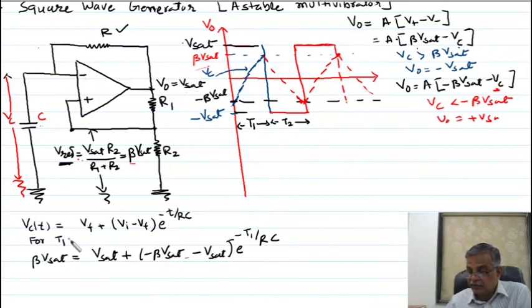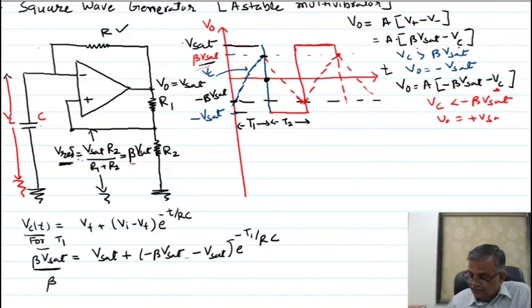And at time T1, what is the voltage across the capacitor? Plus beta V set. So the voltage at the capacitor at T1 I have written as plus beta. So from this you can get the T1 time.